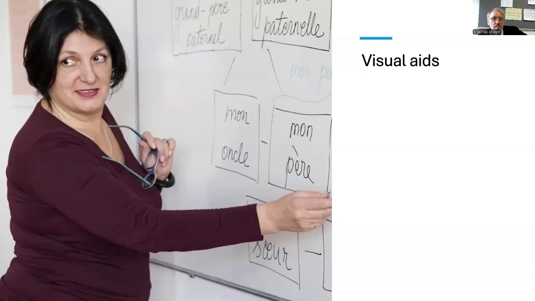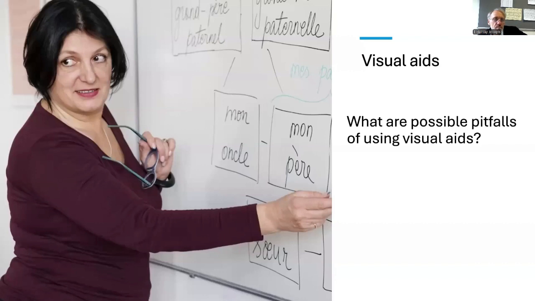Okay, so in terms of visual aids, there are some problems and pitfalls that you have to be careful about. Visual aids can be distracting. Your main goal in a presentation is for the audience to pay attention to you and what you're saying. So if there are visual aids that distract the audience away from that, it's not as effective, right? If the visual aids are not clear, it could be confusing.